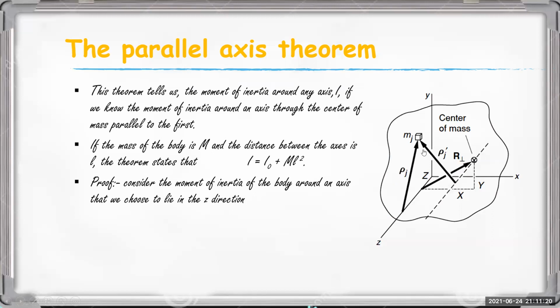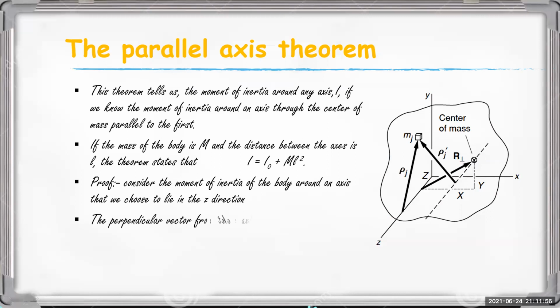The perpendicular distance from an axis that is passing through the center of mass is taken as rho j dash, and the perpendicular distance to the center of mass from the z axis is taken as r perpendicular.